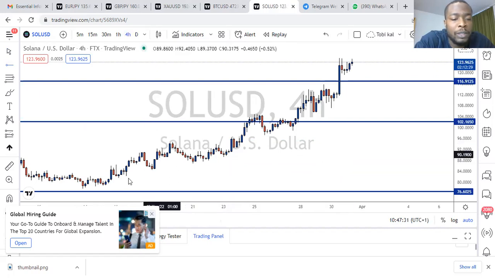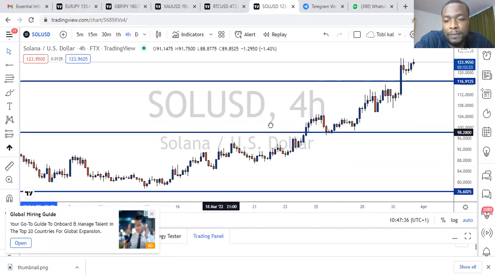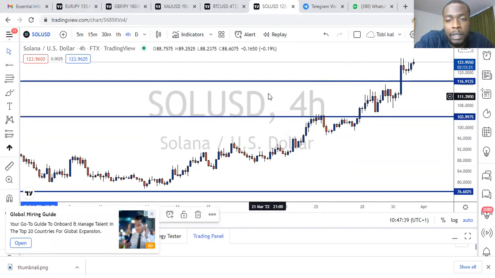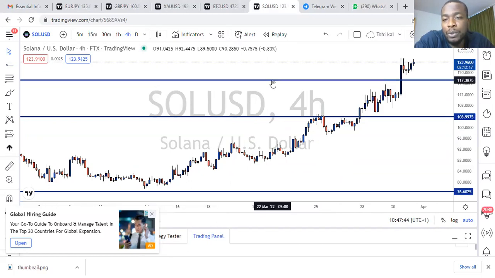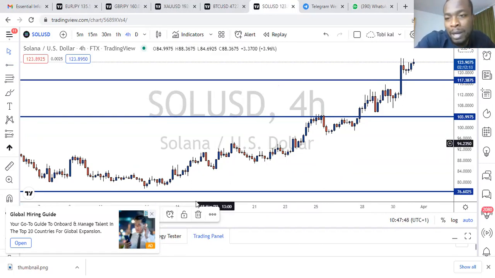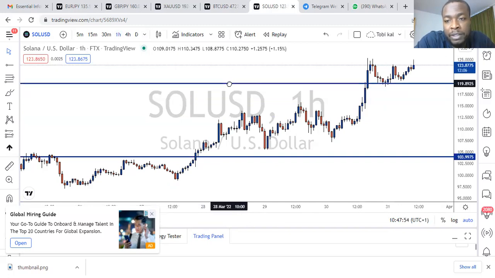And you know, cryptos are way more sloppy and volatile than currency pairs. So they don't outrightly touch support and resistance levels across the board like that, because they are way too volatile, very sharp.